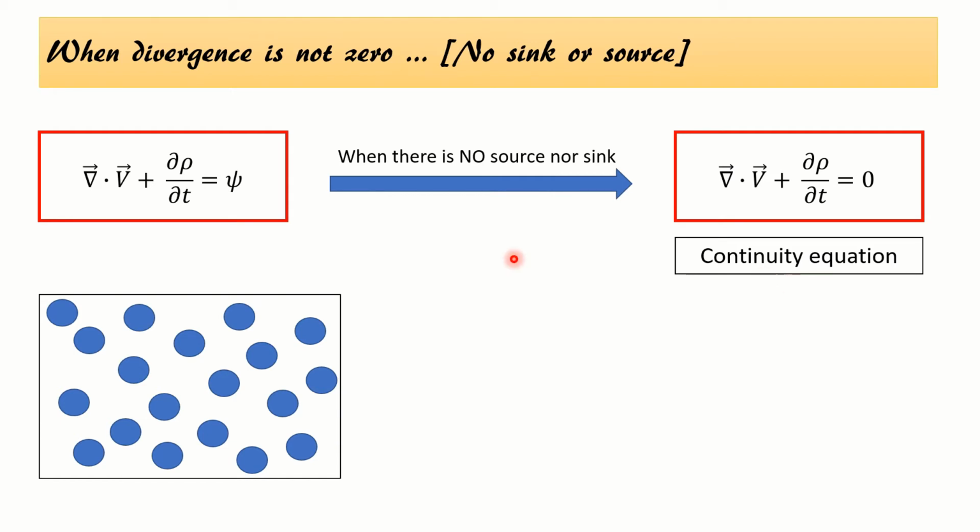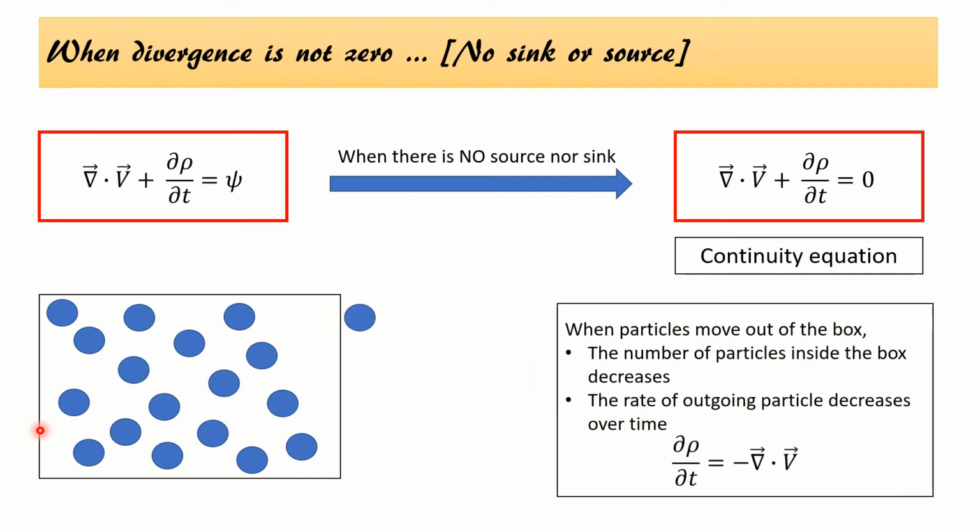So now let's consider a particle in a box here, right? And let's say the particles move out over time. So basically in this case, the divergence of the field vector is going to be positive because it's outgoing.